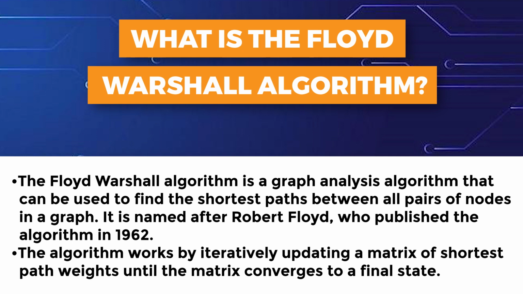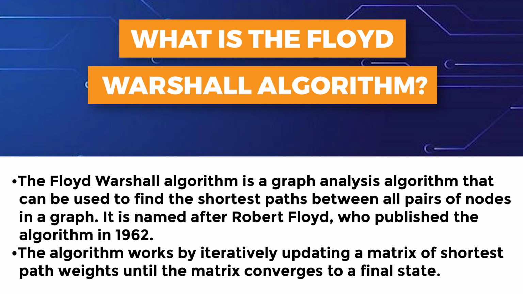The Floyd-Warshall algorithm is a graph analysis algorithm that can be used to find the shortest paths between all pairs of nodes in a graph. It is named after Robert Floyd, who published this algorithm in 1962.